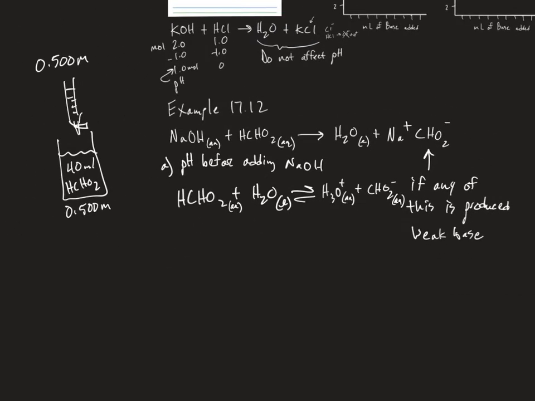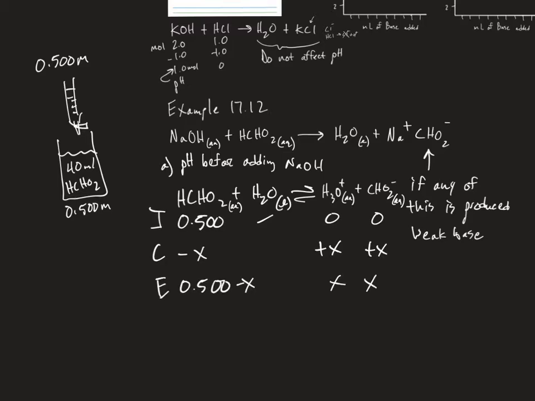So initial, we've seen this many times before. Don't care about water. We have none of this and none of this. The change is X, because we have 1 molar in our coefficient here. So we're going to be adding an X over here and an X over here.